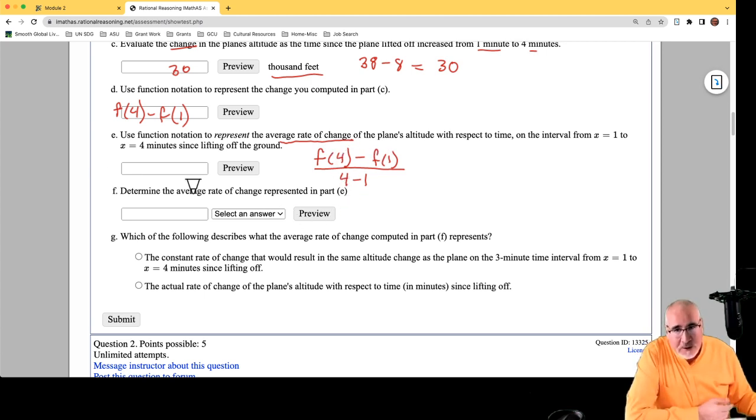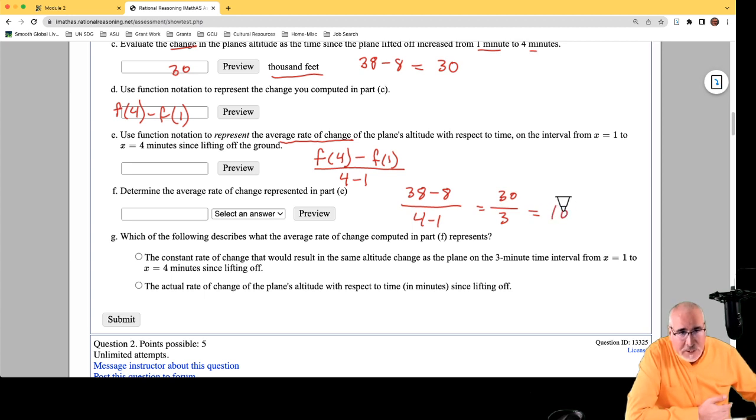Now it wants us to actually determine that average rate of change. So we would continue to do the calculations, right? We plug in the numbers, 38 minus 8. We got those: f of 4 is 38, f of 1 is 8, over 4 minus 1. So that's going to give us 30 divided by 3, which is going to give us 10.